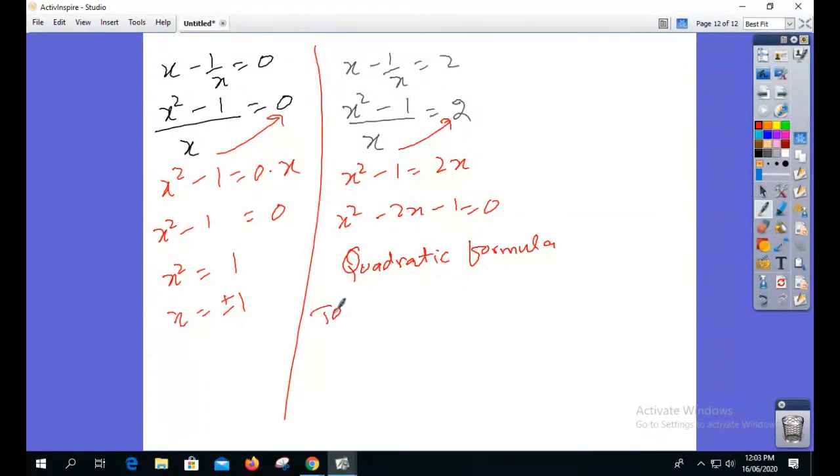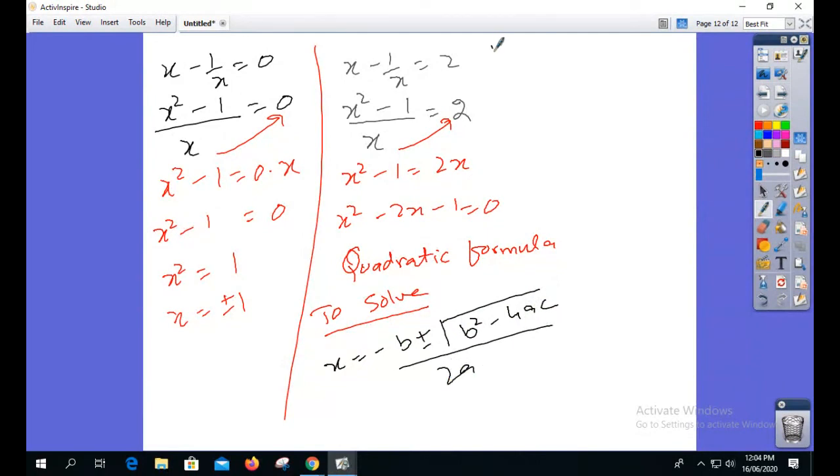to solve this. How can we solve? What is the quadratic formula? x equals to minus b plus minus square root of b square minus 4ac divided by 2a. By replacing the values, what is the value of a? a equals to 1, b equals to minus 2 and c equals to minus 1.